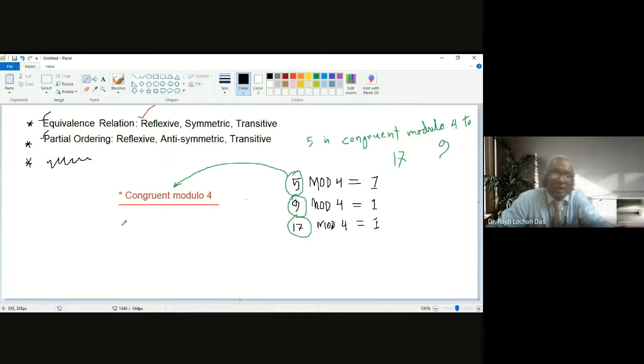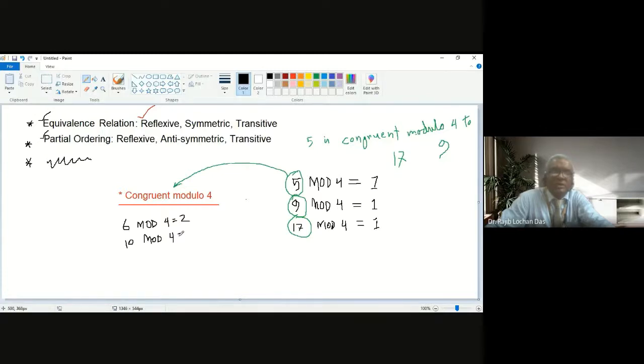So if I write 6 mod 4, what will be the answer? 2. 6 mod 4 is 2. If you think about 10 mod 4, that will also be 2, right?